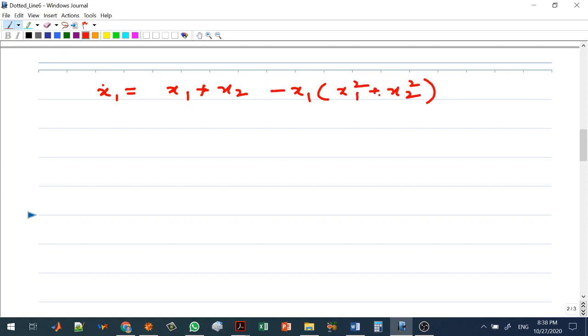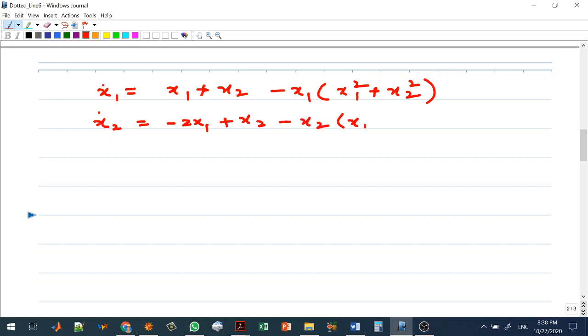An important observation that I would like to give is that whenever you find something that resembles the equation of a circle, then it generally points out that the system is going to have a limit cycle. It is not mandatory, but most of the times it happens. And what you can do is, if you can convert the system into polar coordinates, then maybe you can see that actually there is a limit cycle within the system.